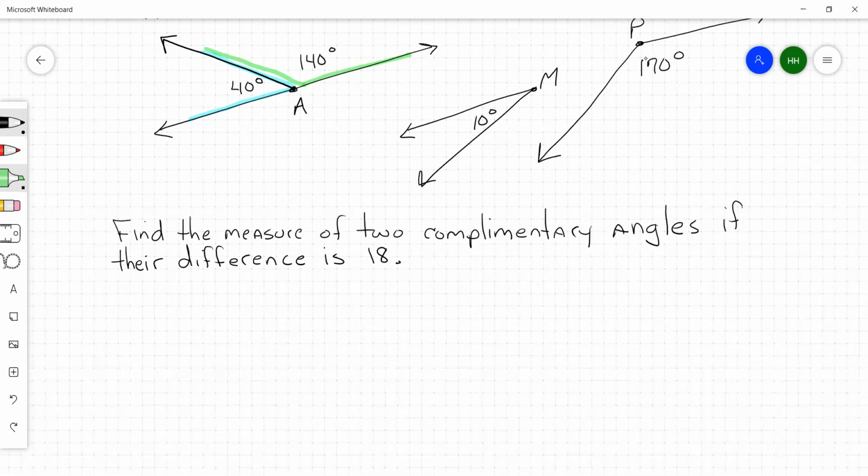The difference in the angles is 18. They're complementary. So here's how you set this up.